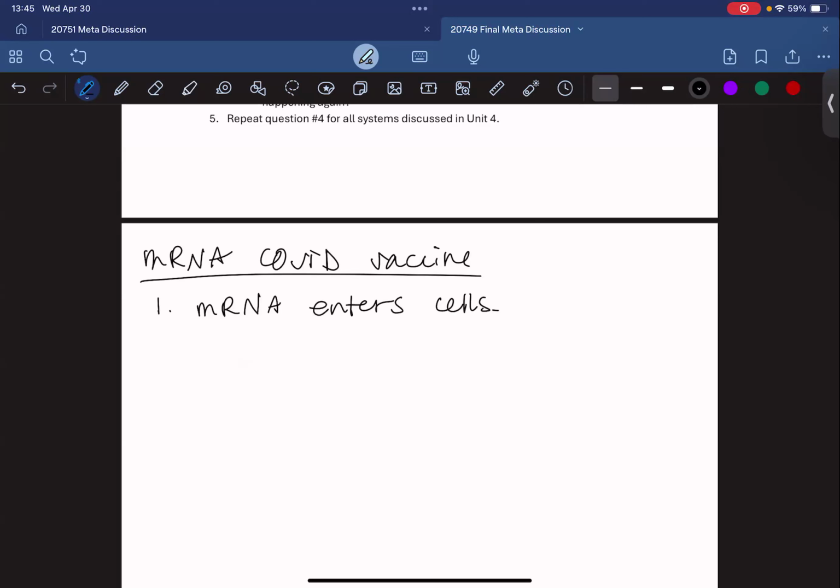Do we need to transcribe it? No, because we already have mRNA. You'll go straight to translation.